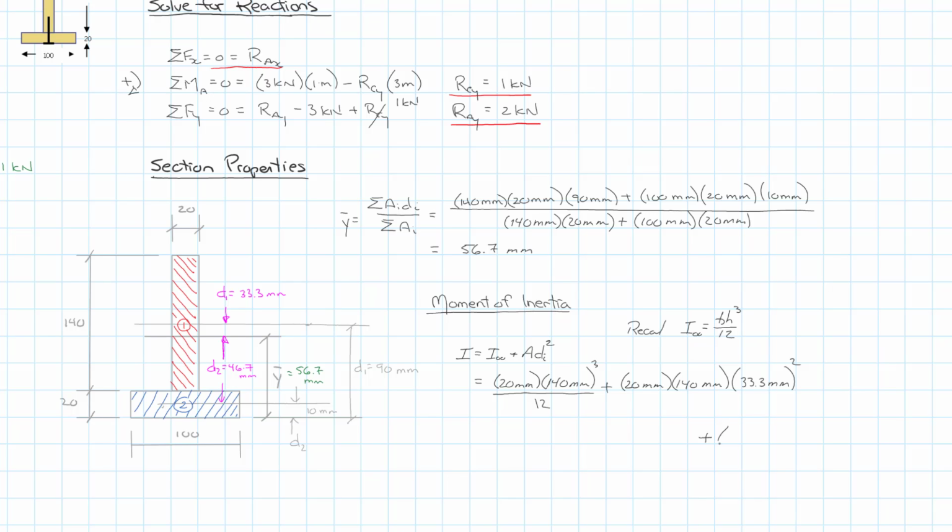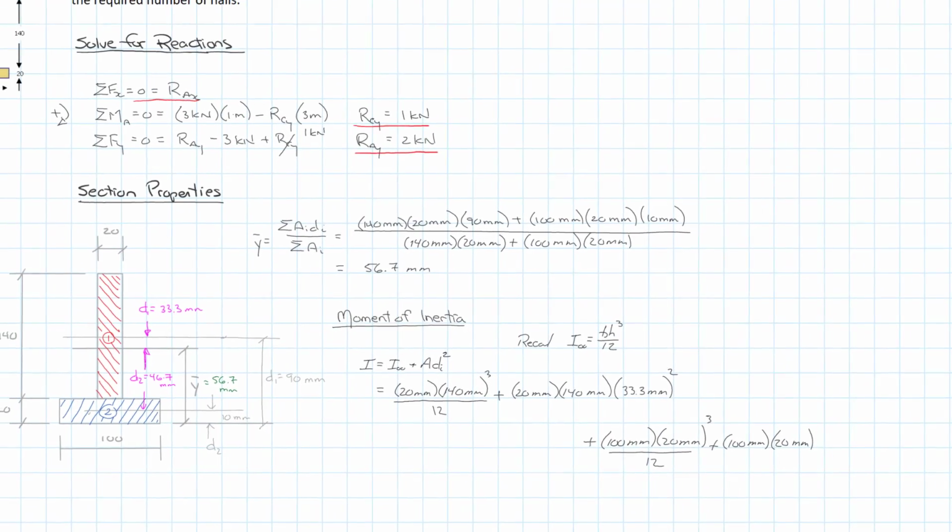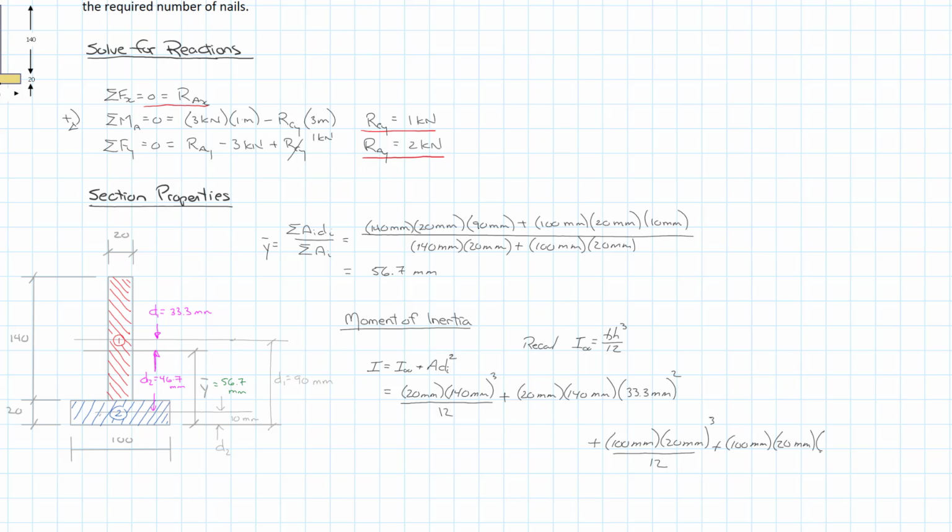So in this case, our b, the width, is 100 millimeters. Our h is 20 millimeters, and it is cubed divided by 12. And we'll add to that the area, 100 millimeters times 20 millimeters, all times d2, which we wrote down as 46.7 millimeters, and that gets the squared term.